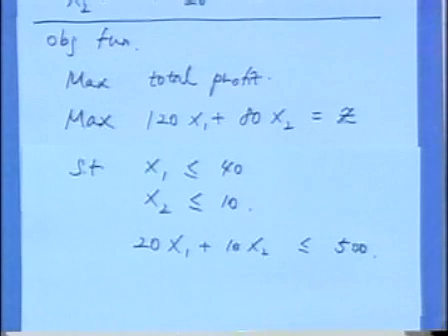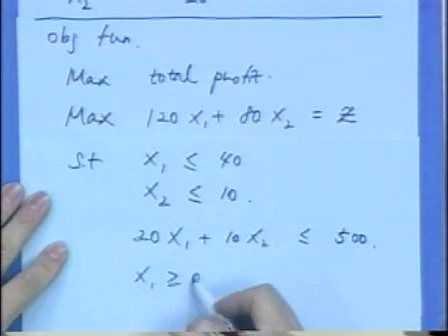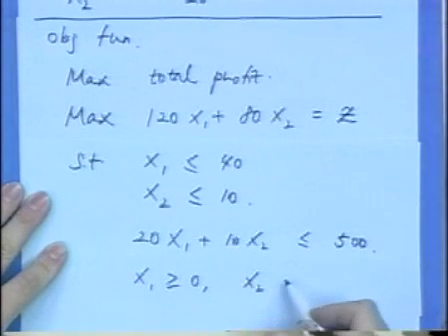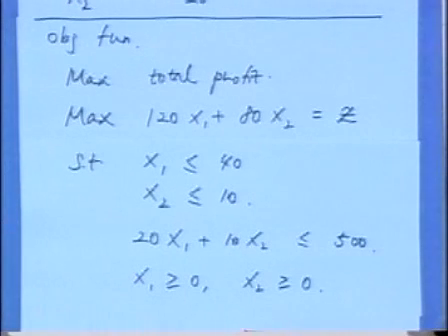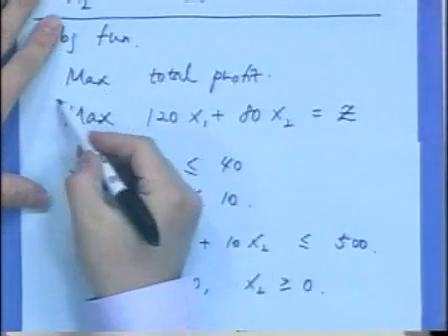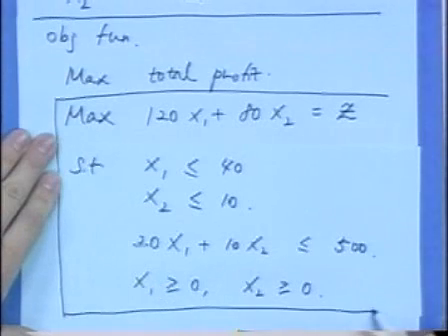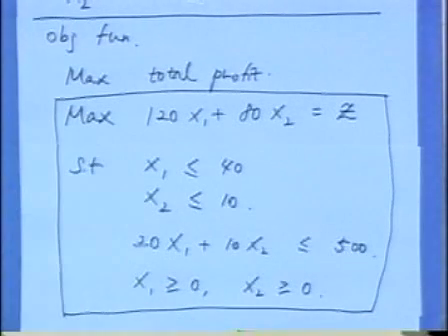And lastly, the non-negativity constraints on TV sets produced, which is x1 is greater than equals 0, and x2 is greater than equals 0. So this is the complete LP model for this problem. Okay, that's pretty easy, right?